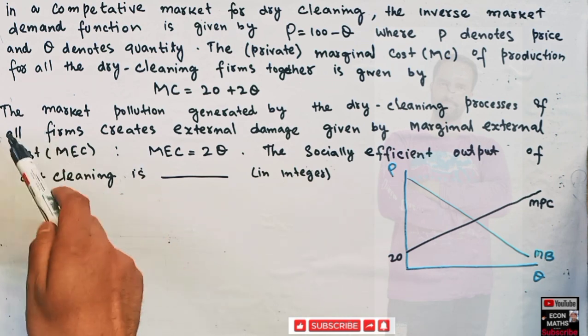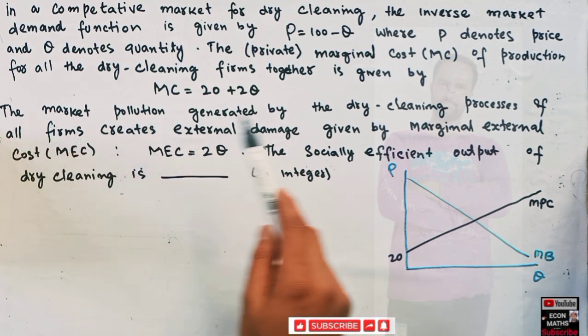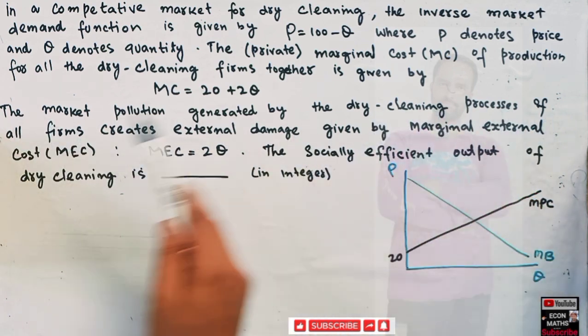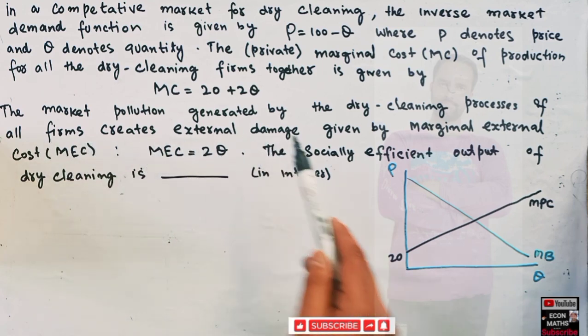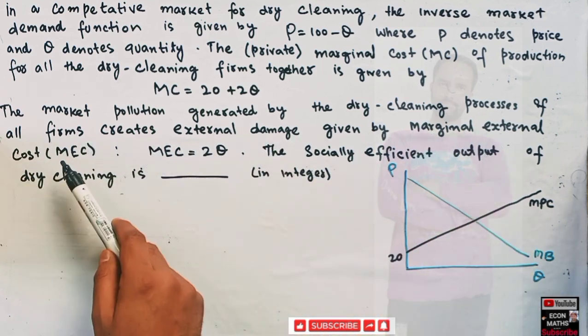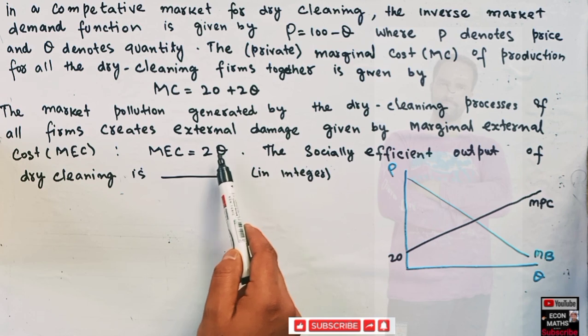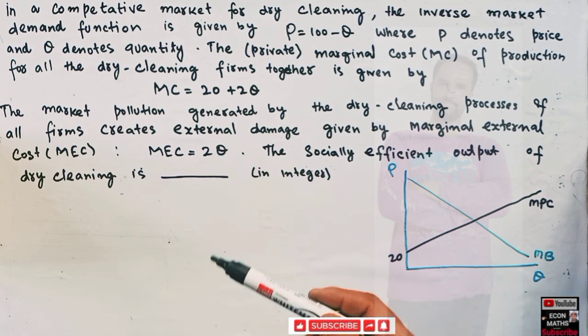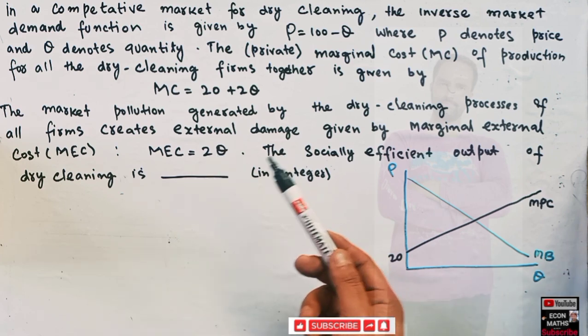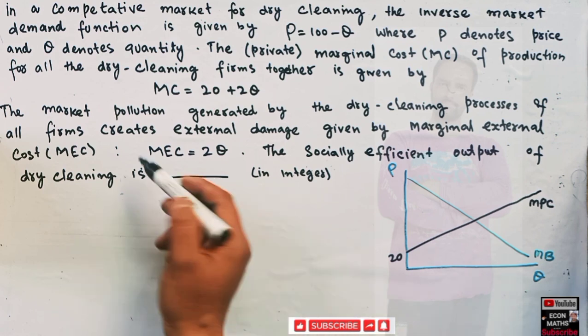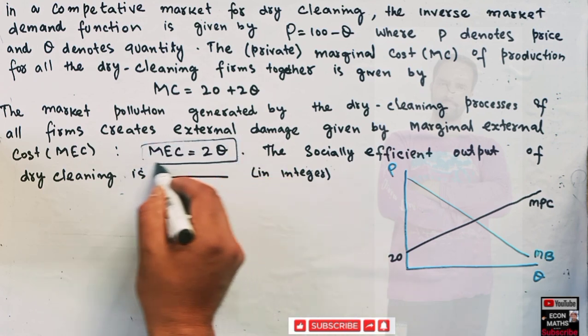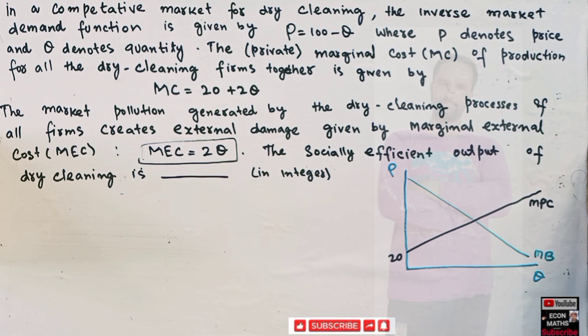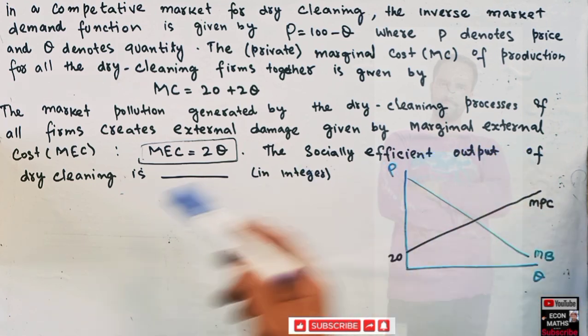Also, we are told the market pollution generated by the dry cleaning process of all firms creates external damage given by the marginal external cost, that is MEC is equal to 2Q. That means in the process of dry cleaning, we also damage the environment, and marginal external cost is given as 2Q. We have to find out the socially efficient output of dry cleaning.